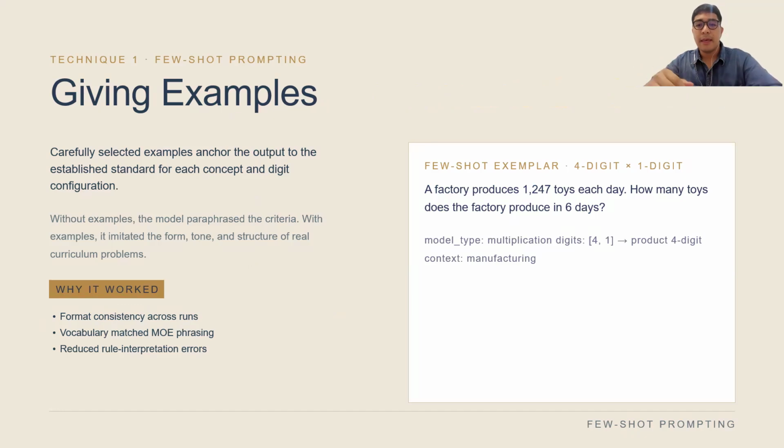Now with them, it imitates the form, the tone, and more importantly, the structure of real curriculum problems. The format consistently improved immediately, the vocabulary started matching MOE phrasing, and the rule interpretation errors dropped. So few-shot prompt engineering is the cheapest, most reliable way to anchor the style of the large language model.